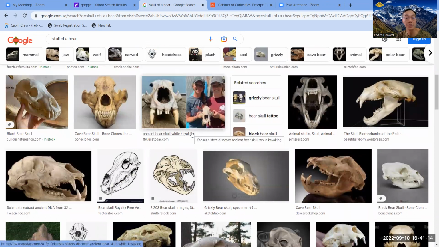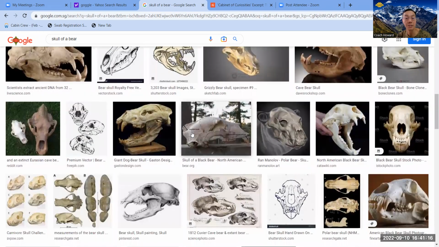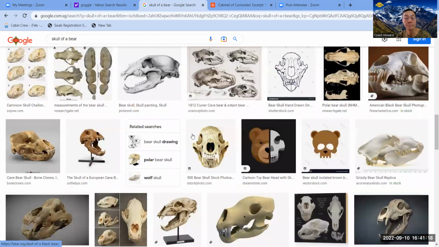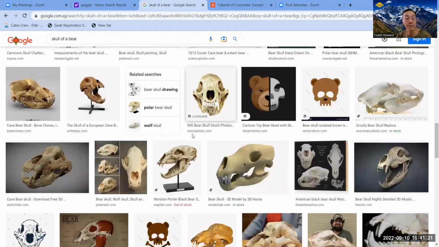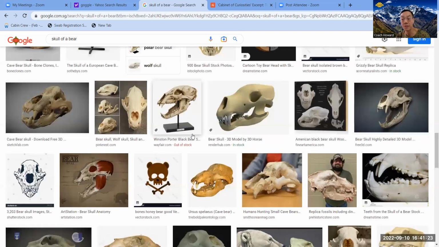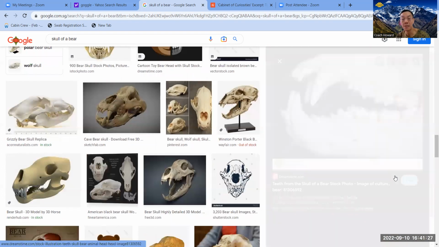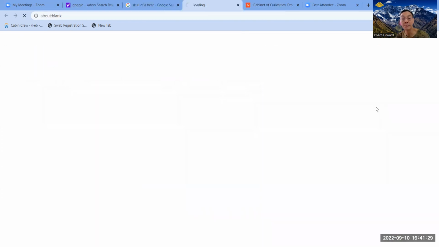Earlier this morning I showed students this skull of a bear, because a bear is an omnivore. It has both the sharp teeth and the grinding teeth.